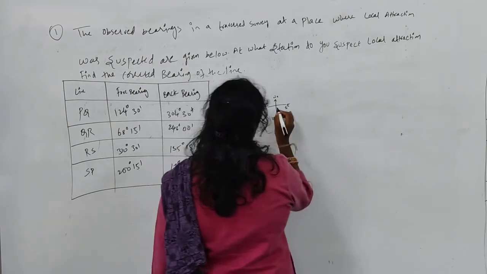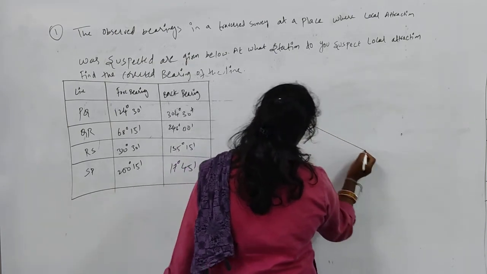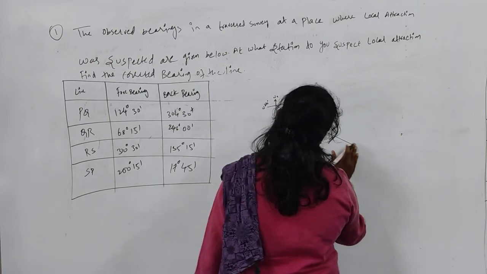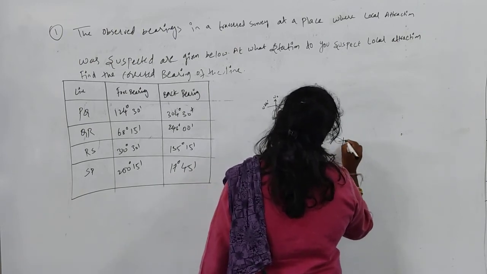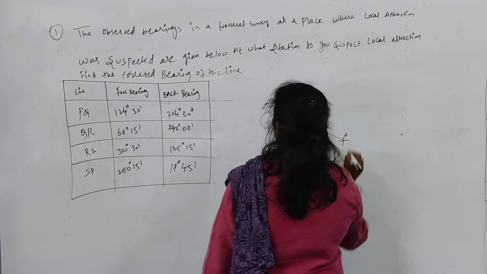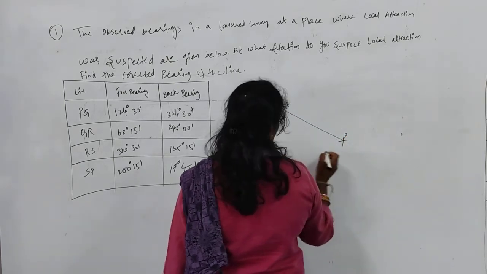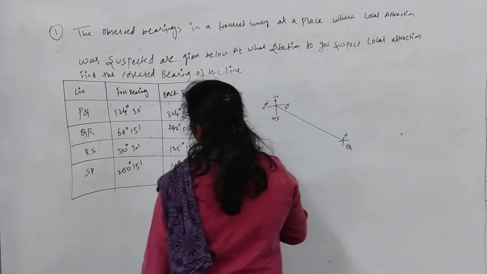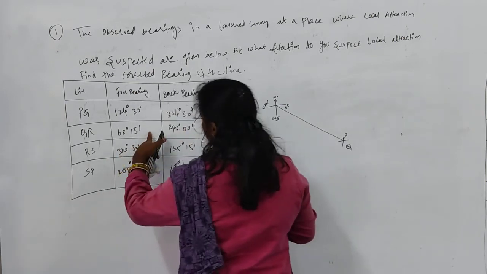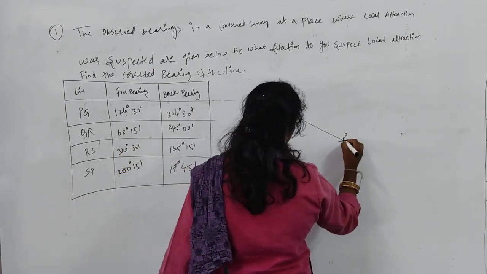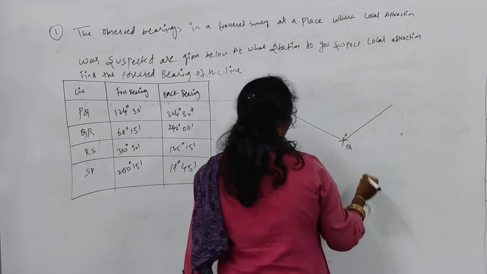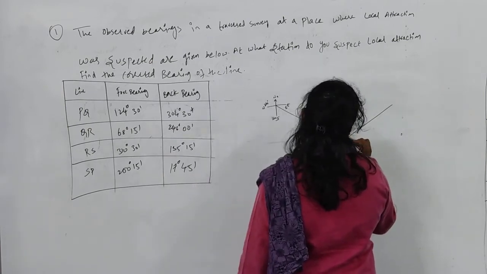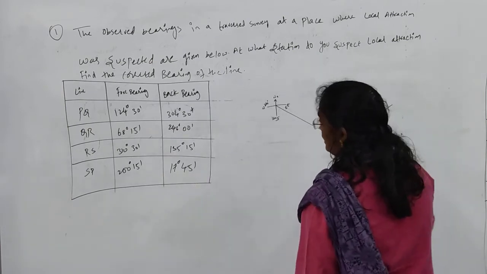PQ is lying in the second quadrant. Station Q, what will be the station Q here? 68 degrees means obviously this will be in the first quadrant. 0, 90. Right?